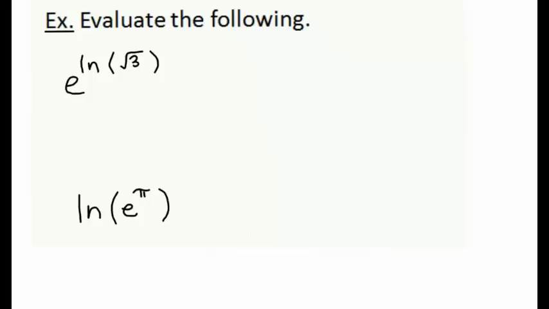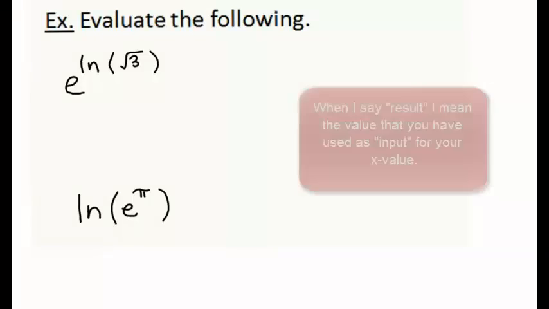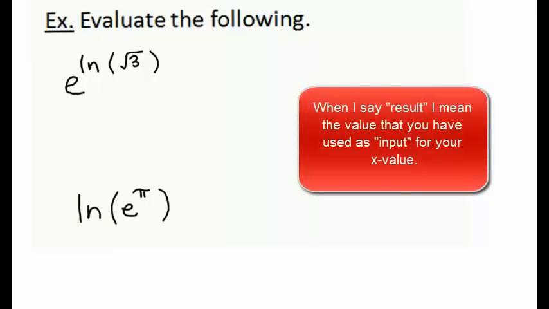Let's take a look at a couple quick examples to illustrate the last slide. So the big thing to remember here is that the natural exponential function and the natural logarithmic function are inverse functions. So that means whenever we see e raised to the power of ln, the action of taking the exponential followed by taking the logarithm, or vice versa, they're going to undo each other and leave you with whatever the result is.